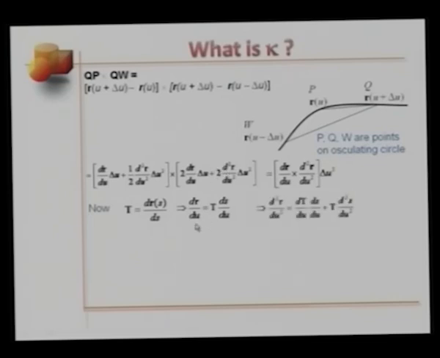Now, if I differentiate this expression again with respect to u, I get d2r over du squared, which is equal to dT over du times ds over du plus T times d2s over du squared.